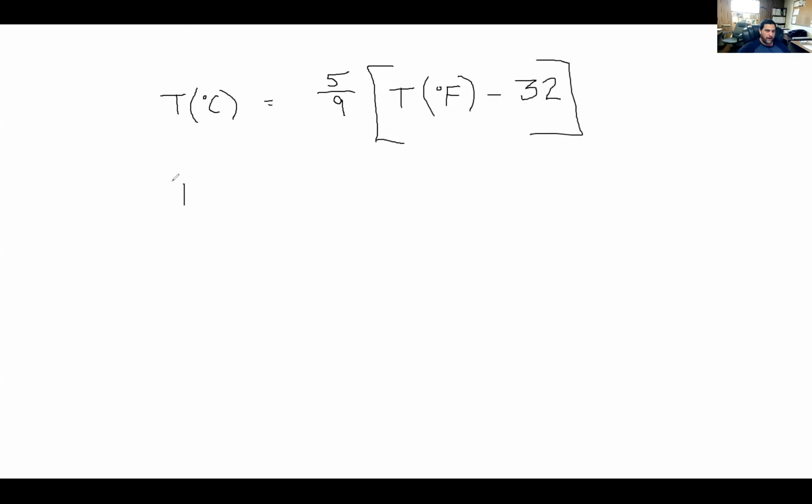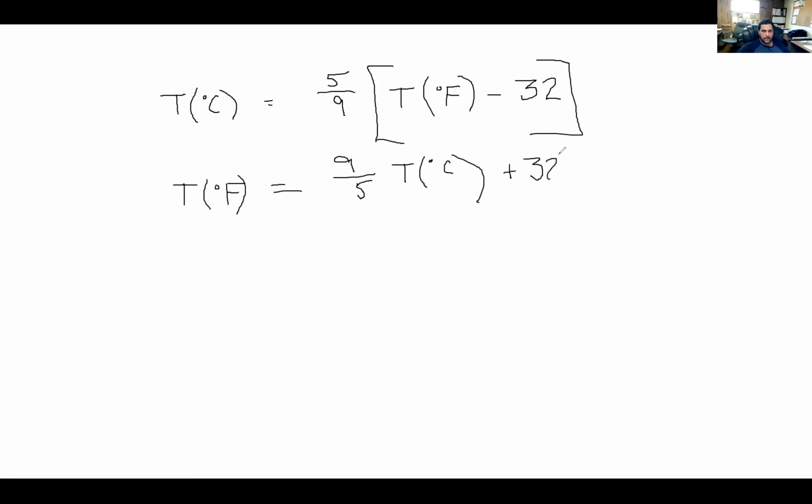If you want Fahrenheit and you're given Celsius, well, you could plug the number in here and do the algebra, or I can just give you the algebra. 9/5 times the temperature in degrees Celsius plus 32.